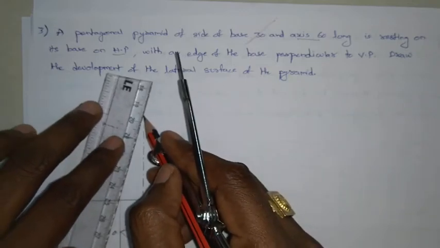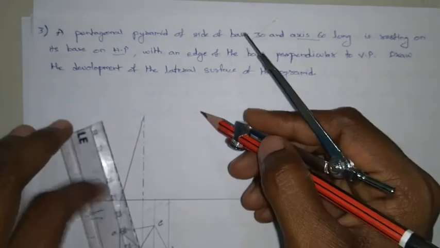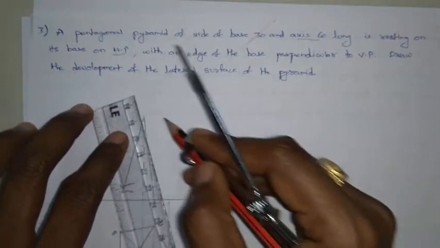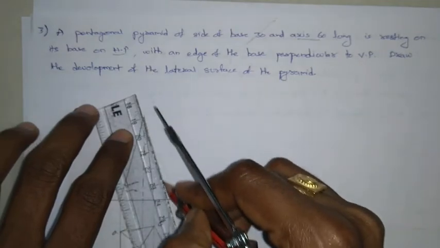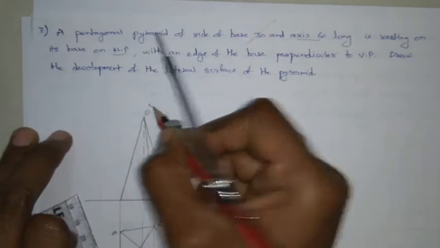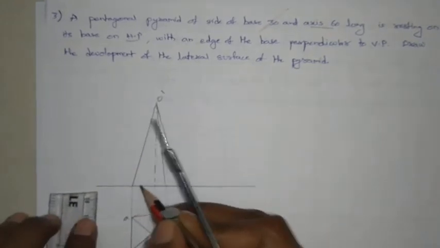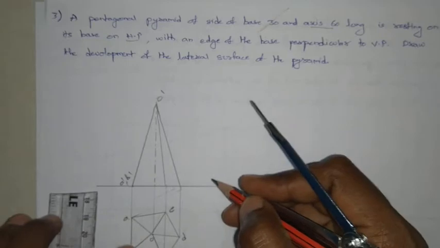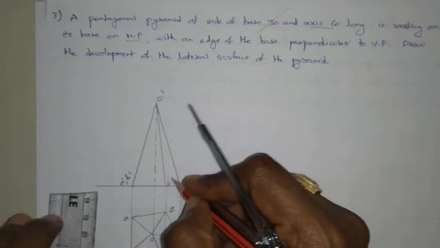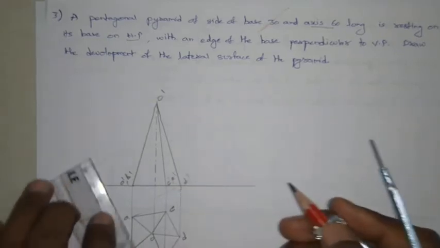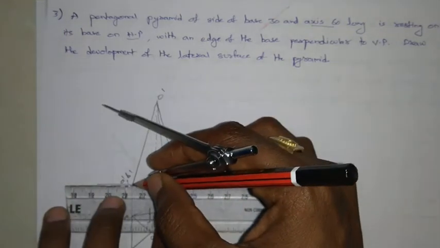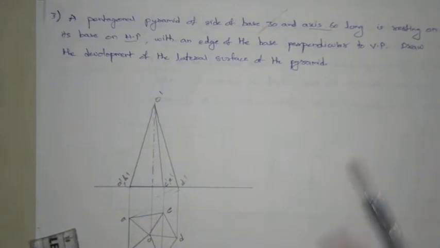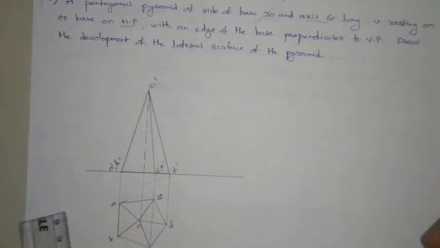And join all the points with axis. So this is O dash, and here we'll be having A dash, B dash, and this is C dash, E dash, D dash, and this is the base, right? So this is front view and top view. Now we have to go for the development of this diagram.